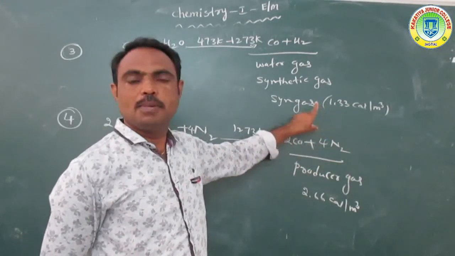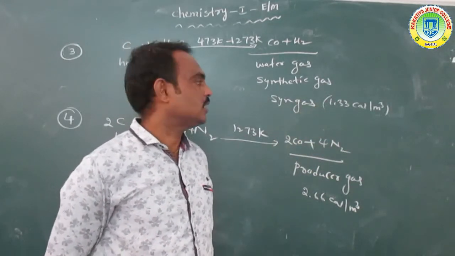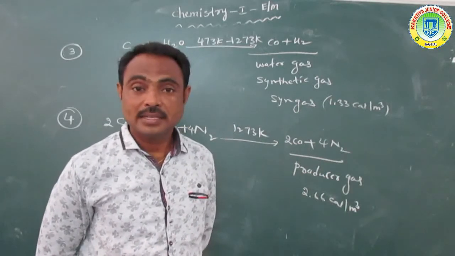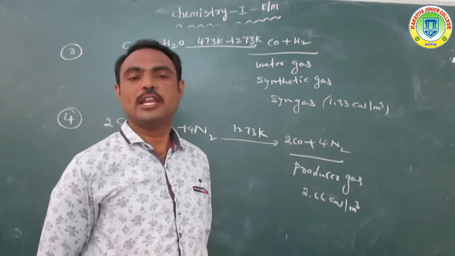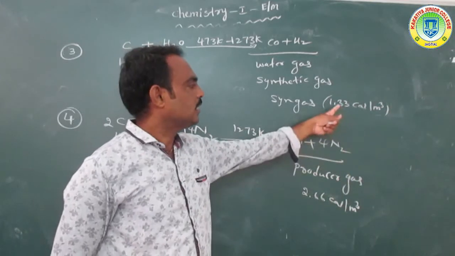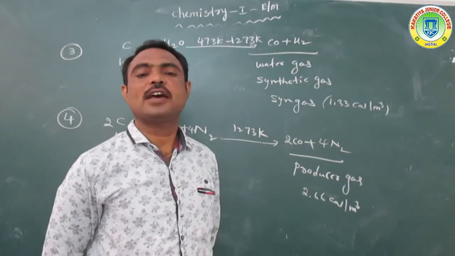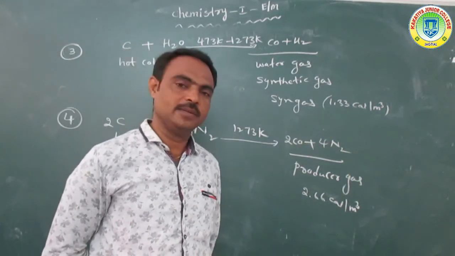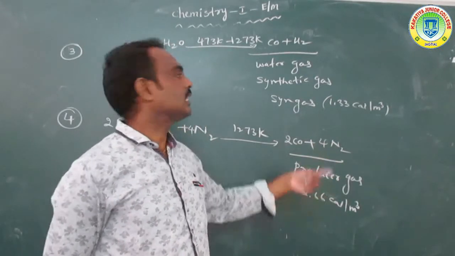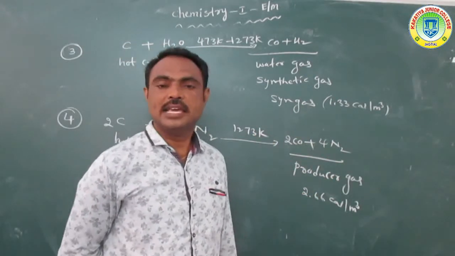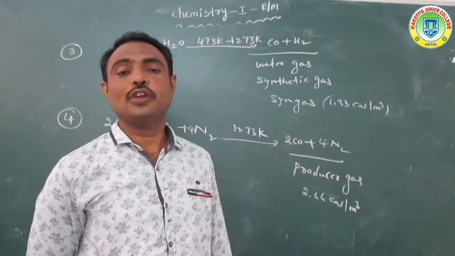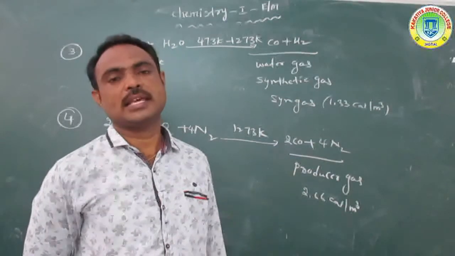But when we burn water gas, it gives a less calorific value, that is 1.33 calorie per meter cube. Due to this reason, producer gas is a better fuel than water gas.